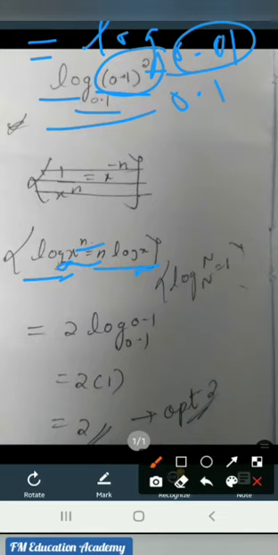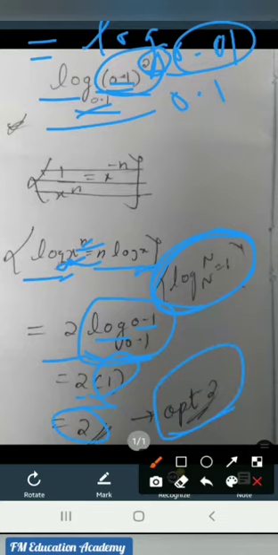So if you compare, x is 0.1, n is 2, and a, the base, is 0.1. So n log x to the base a, and we know this is the form of log n to the base n. Log n to the base n is 1, so in place of this substitute 1. 2 ones are 2, so our answer is 2, that is option 2.